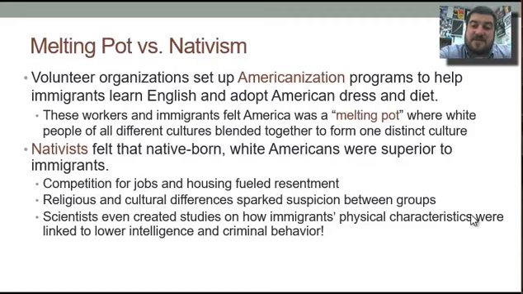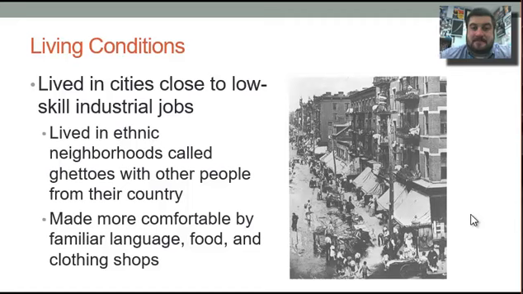And scientists even create studies during this time, during the social Darwinism era, on how immigrants' physical characteristics are linked to lower intelligence and even criminal behavior. Now, obviously, that's not true, but it is a way for them to discriminate against these immigrants coming into what the nativists feel is take their housing and take their jobs.